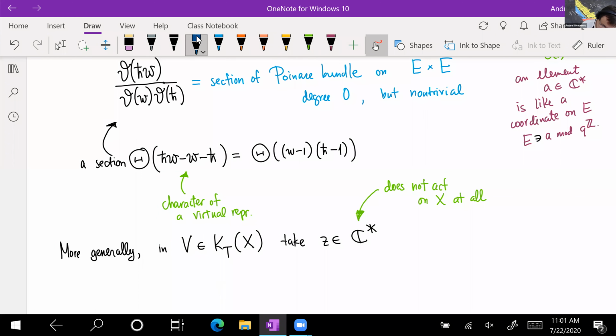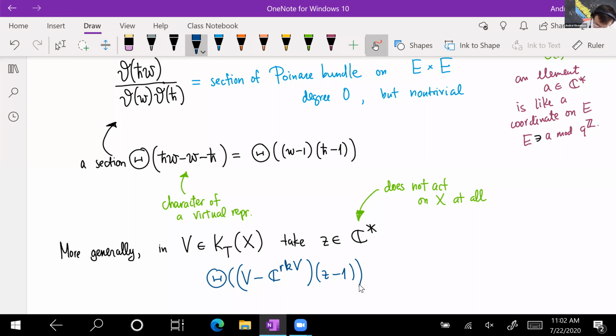And then we take theta of, but still it's a bigger group. And so we can take a theta of V minus the trivial representation of the same size. So it's just C times rank V, trivial bundle of the same size, C times rank V, and then times Z minus 1.